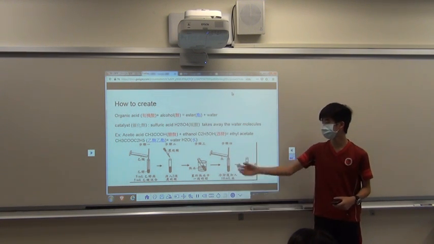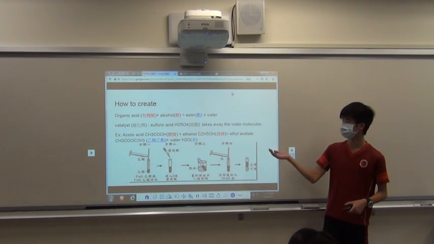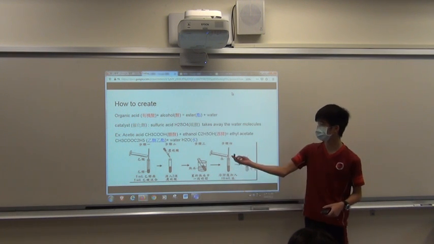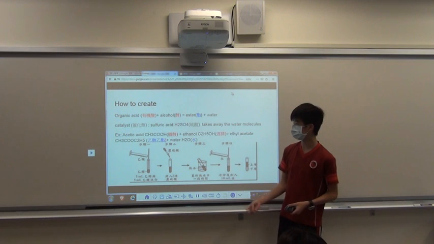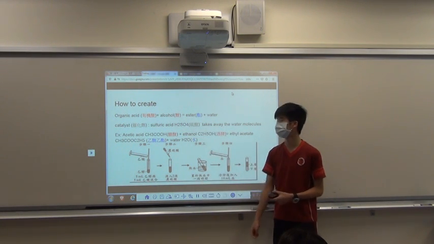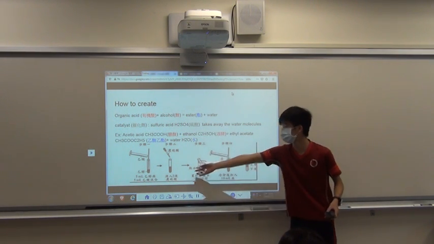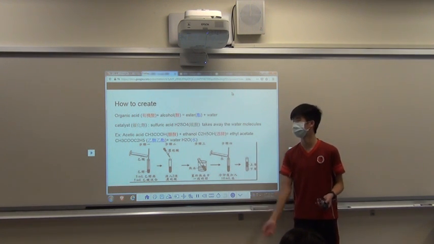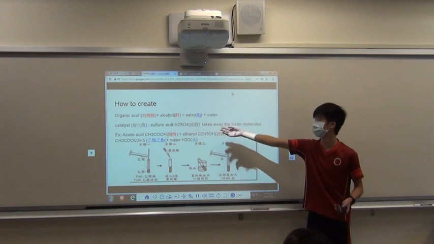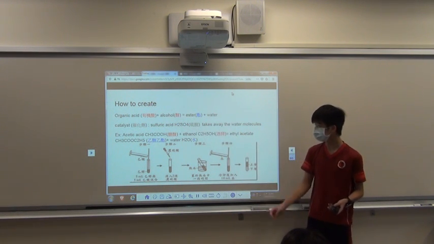So this is about how we create this kind of ester. First, you add one kind of organic acid, whatever you want. I have an example which I'll talk about later. Second, you add another kind of alcohol, whatever kind you want. Then it will create an ester, plus water.